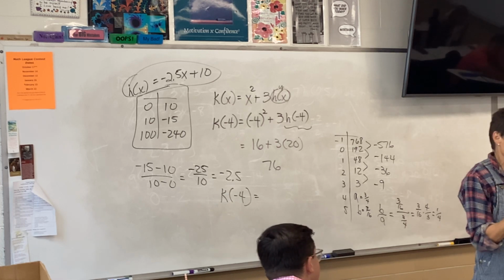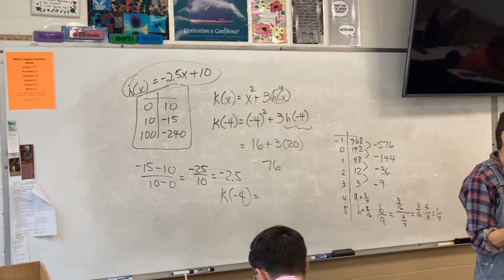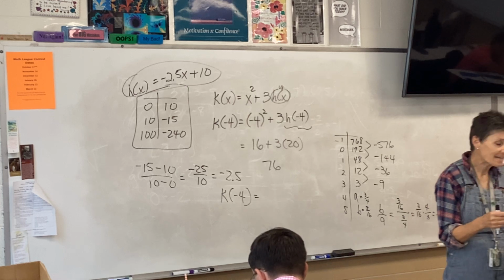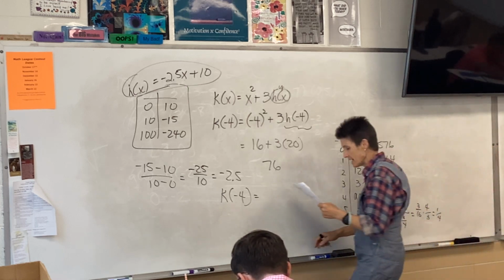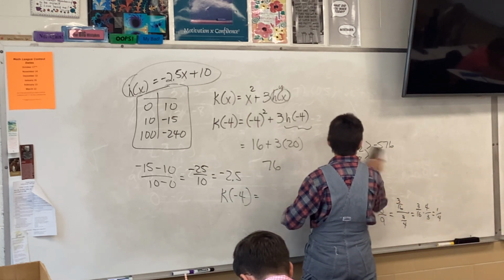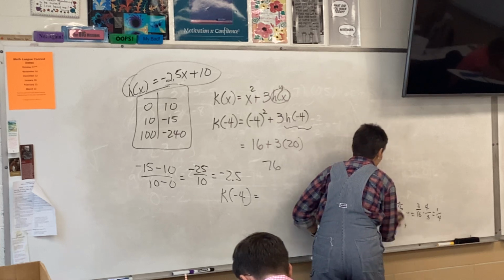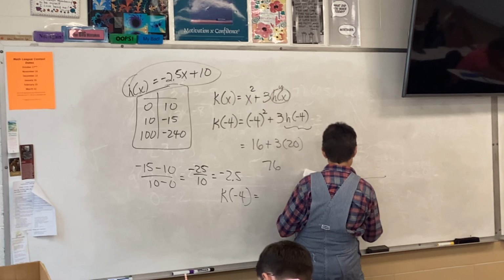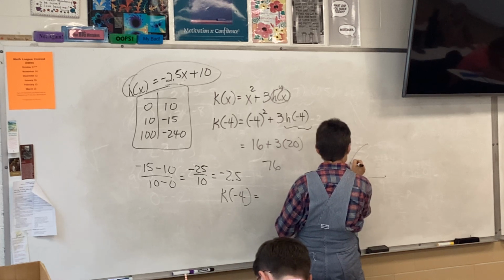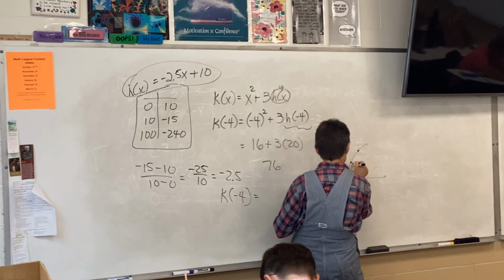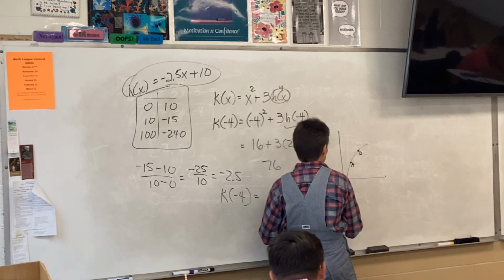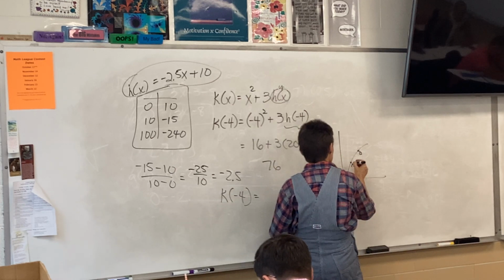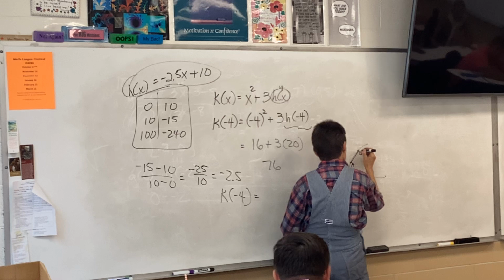For the function pictured, which is greater: the instantaneous rate of change at point A, or the average rate of change from A to B? So look at the picture. Here's A, here's B. Here's the average rate of change, guys.